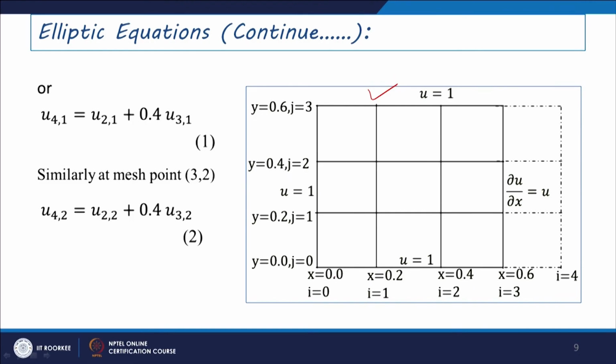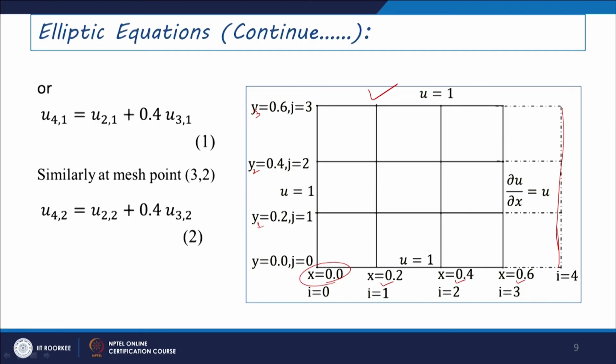Here I have denoted in a clear form x equals 0.0, and the starting point is x equals 0.2, incremented by 0.2, so second is x equals 0.4, third is x equals 0.6, and this is the fictitious boundary here. And j also varies, j equals 1 takes the value y1 equals 0.2 and y2 equals 0.4, and the last boundary y3 equals 0.6 here.